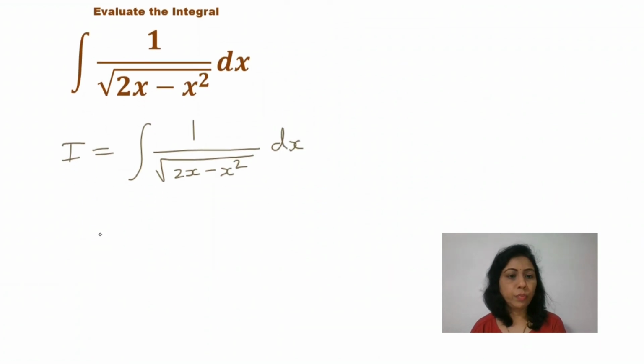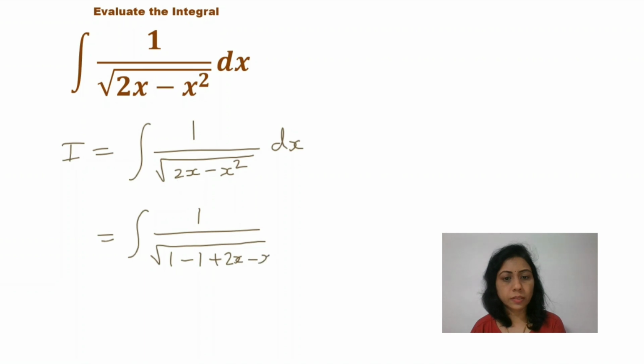Here, we want to make a perfect square. So, here we add 1 and subtract 1, plus 2x minus x square dx.